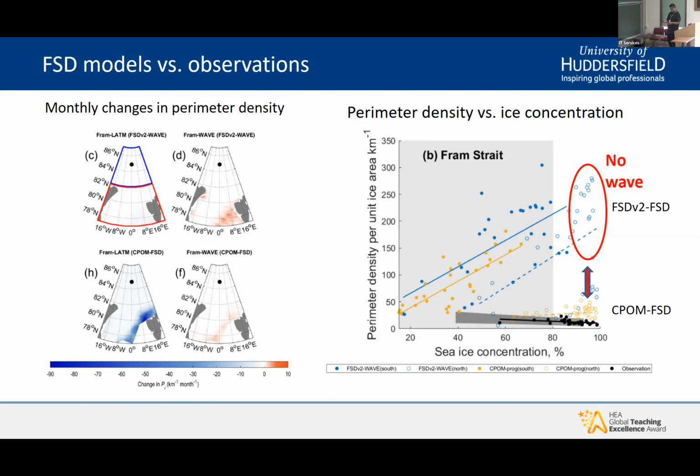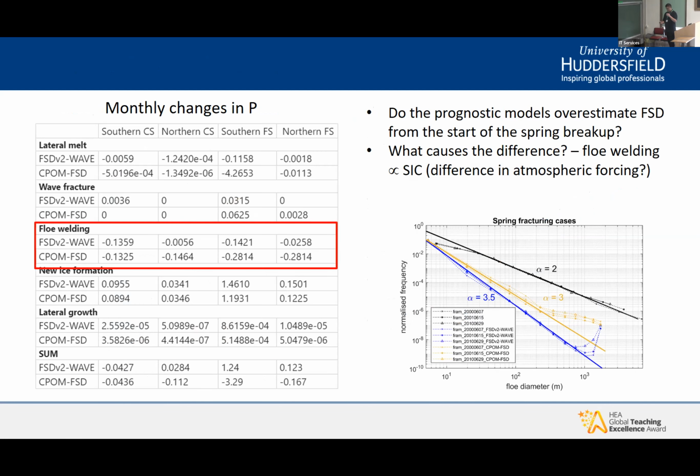So we looked at the numbers in the monthly change of perimeter density in all these different factors. We found that floe welding may be a key contribution to the difference, but we still try to investigate what actually happened.